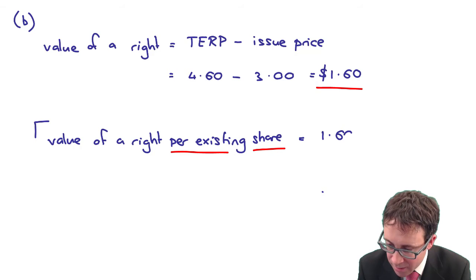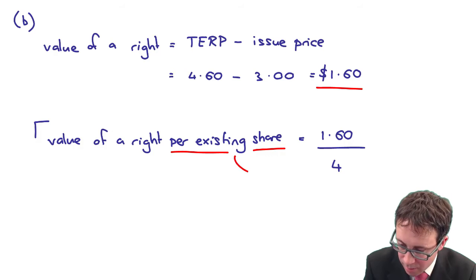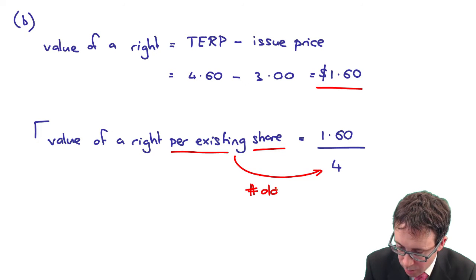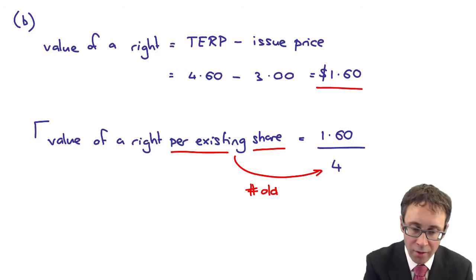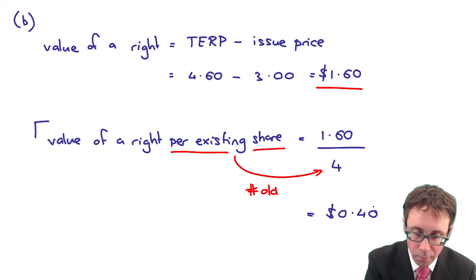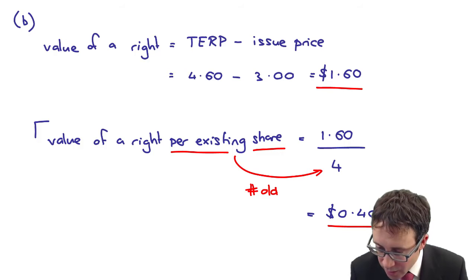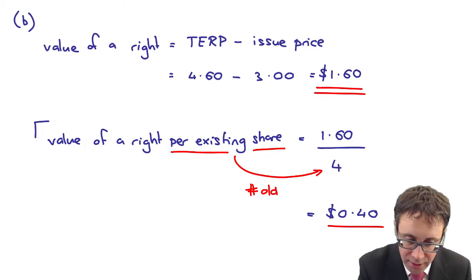That takes the value of a right, $1.60, and divides it by the number of existing shares. So that gives me $0.40, or 40 cents. So the answer to this question was $1.60.